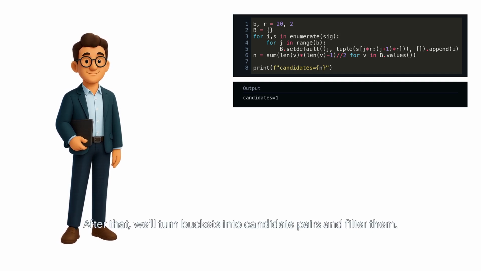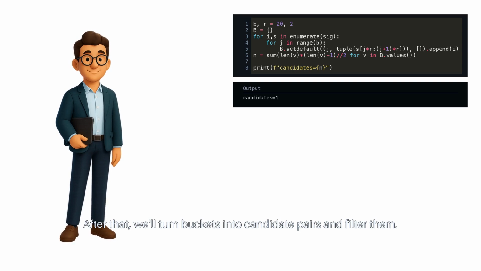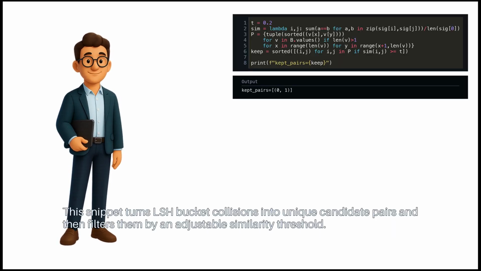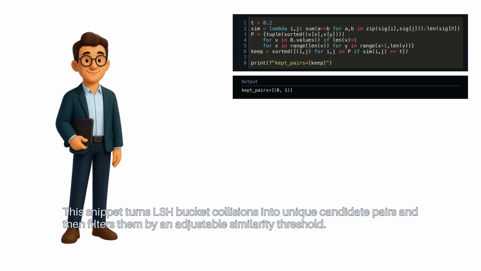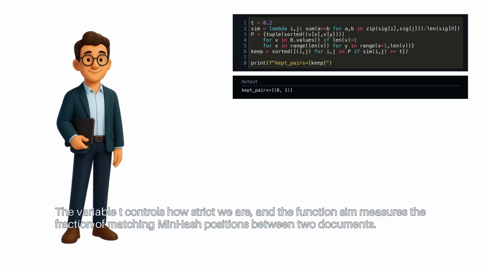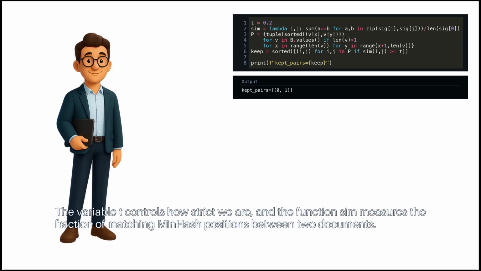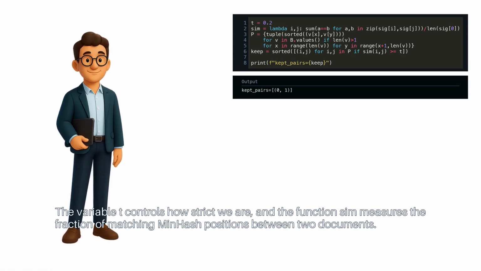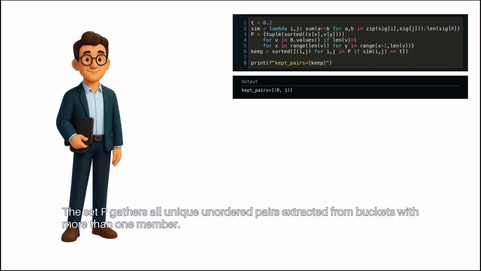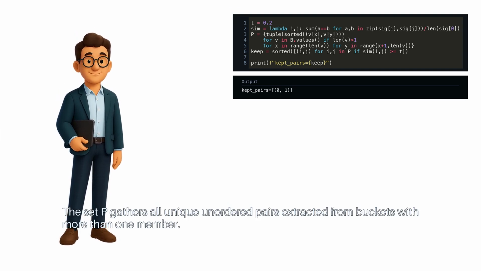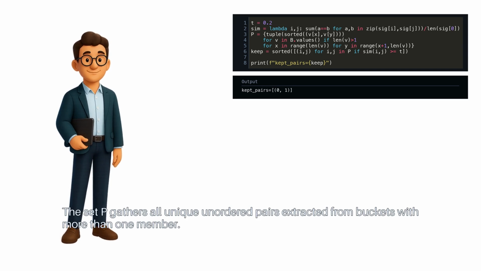After that, we'll turn buckets into candidate pairs and filter them. This snippet turns LSH bucket collisions into unique candidate pairs and then filters them by an adjustable similarity threshold. The variable T controls how strict we are, and the function sim measures the fraction of matching MinHash positions between two documents. The set P gathers all unique unordered pairs extracted from buckets with more than one member.